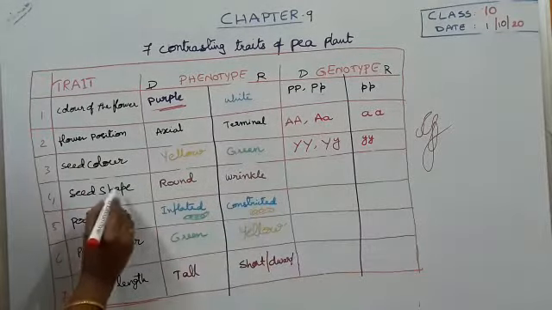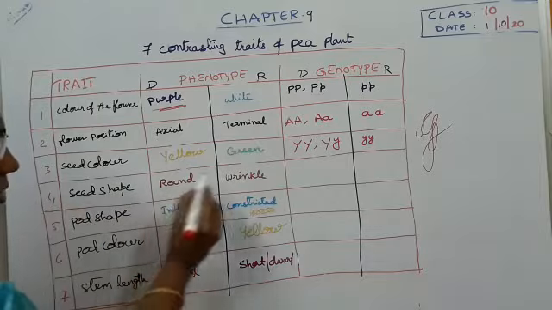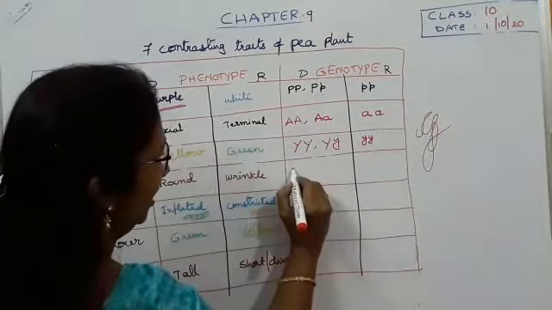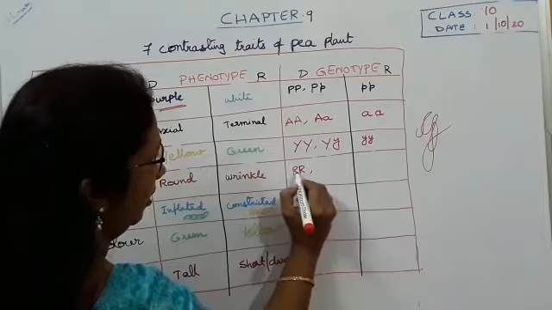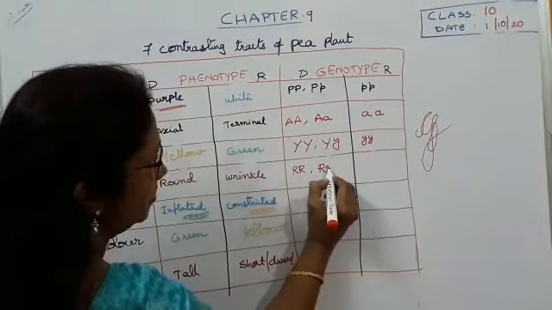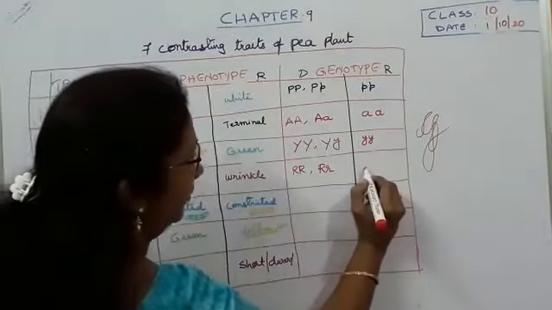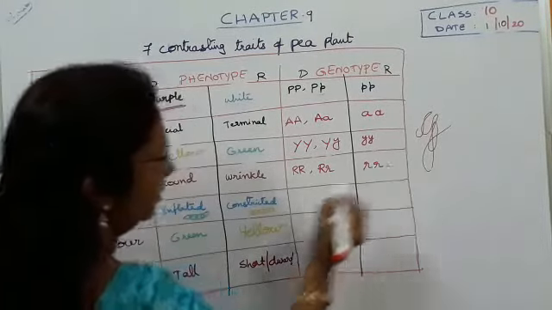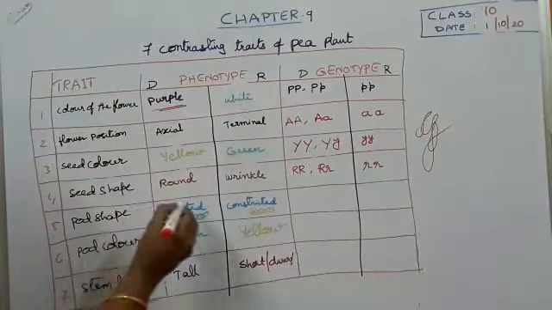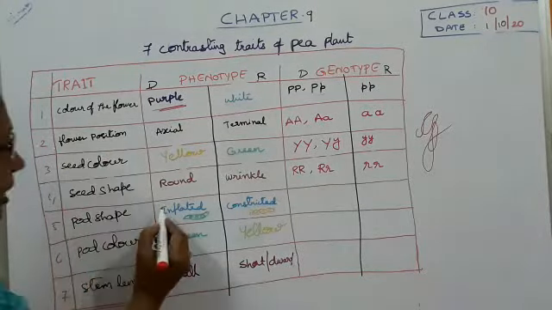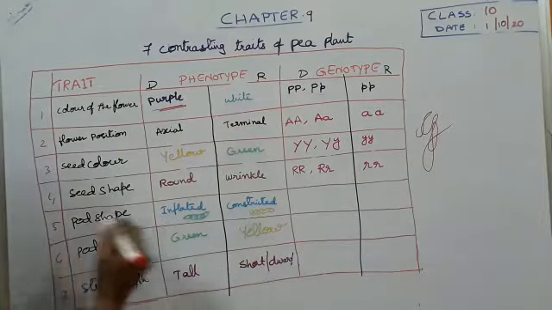Next, the shape of the seed is round and wrinkled. Round is dominant, so which letter do we take? Capital R, capital R, or capital R, small r. Next, wrinkled: small r, small r. Then the shape of the pod: inflated and constricted.